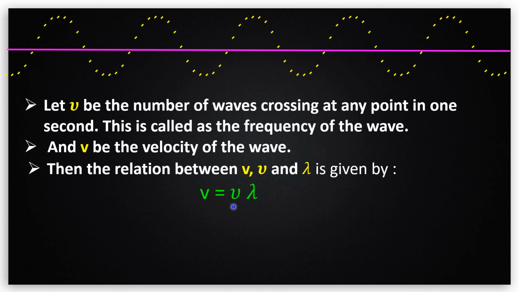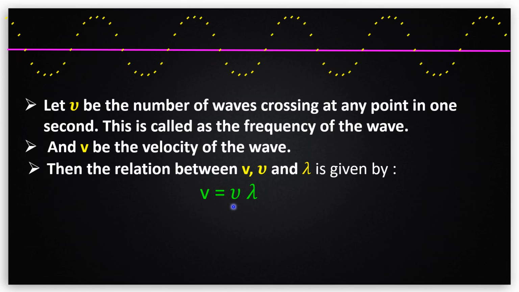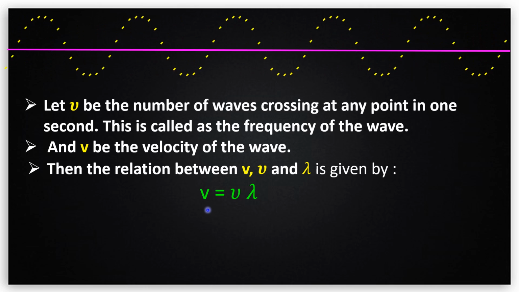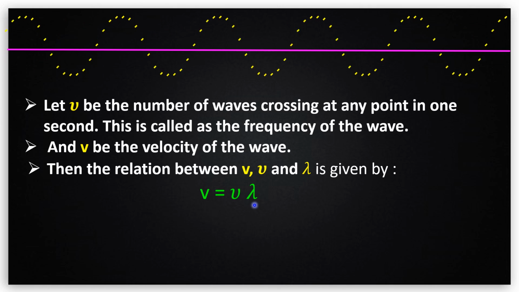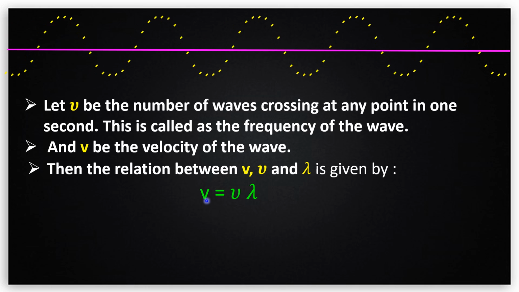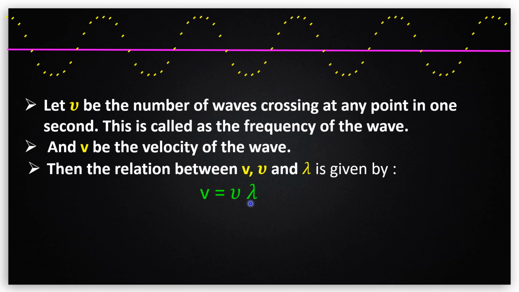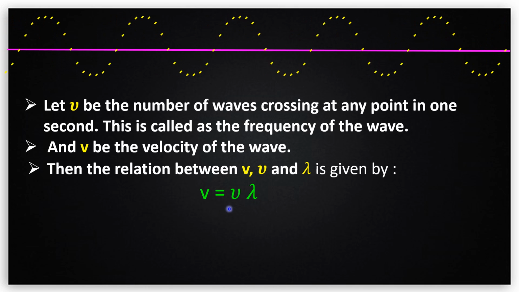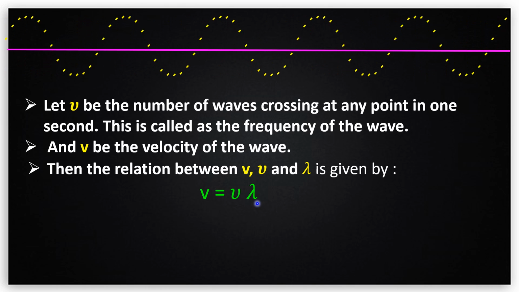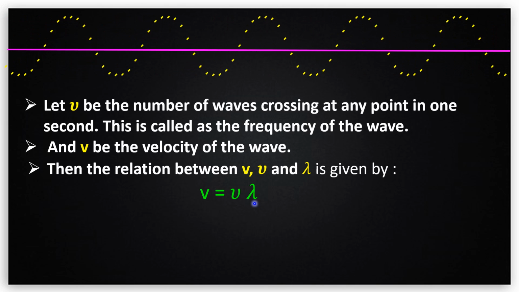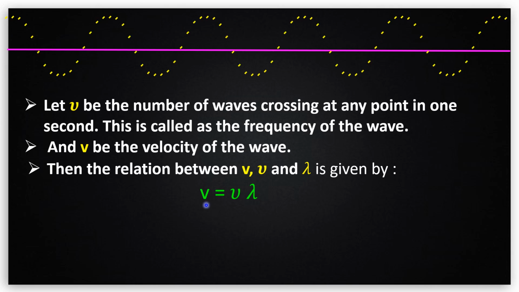That means here nu is constant. When nu is constant, v is directly proportional to lambda. That is, when lambda is more, v is more. When lambda is less, v is less. So the wavelength of red light is more, hence its speed is more.